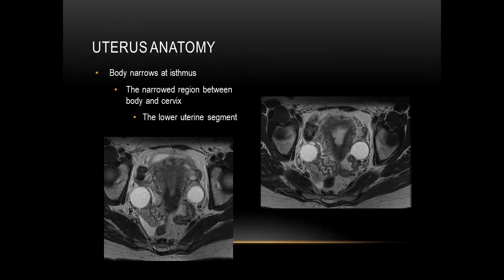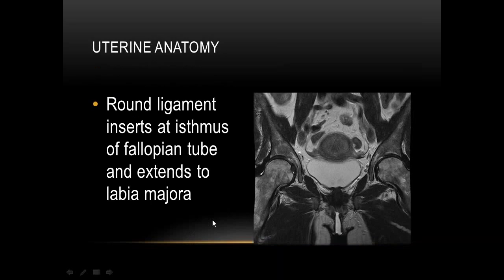The body of the uterus narrows, and as the body meets the cervix, this is called the isthmus. It is the lower uterine segment. The round ligament attaches at the isthmic portion of the fallopian tubes, and as you look on cross-sectional imaging, you can actually see the round ligament connect into the labia majora, so here.